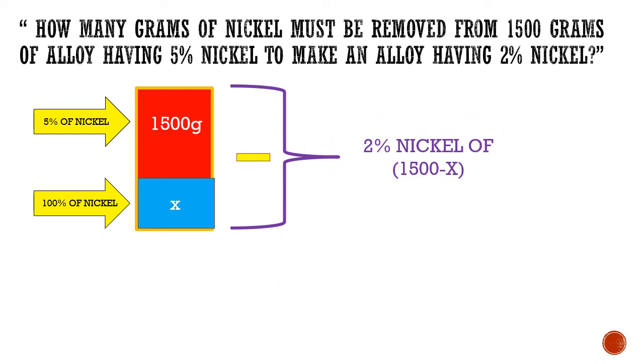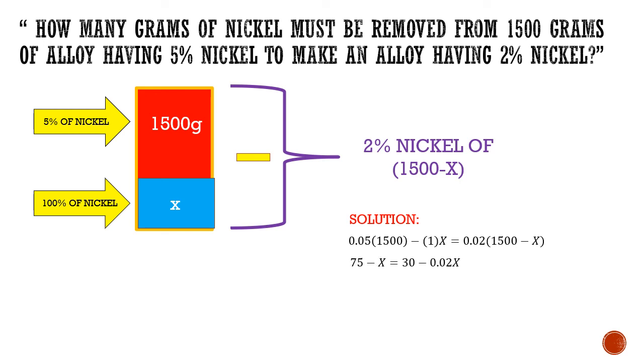So, having it in an algebra or mathematical solution, we have 0.05 multiplied by 1,500 minus 1, dahil 100% nga to na nickel, times x is equal to 0.02 times 1,500 minus x.